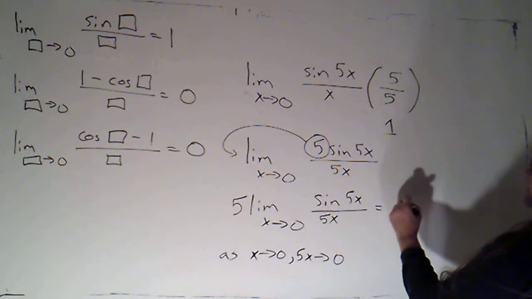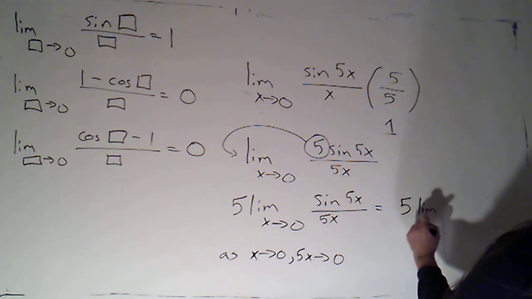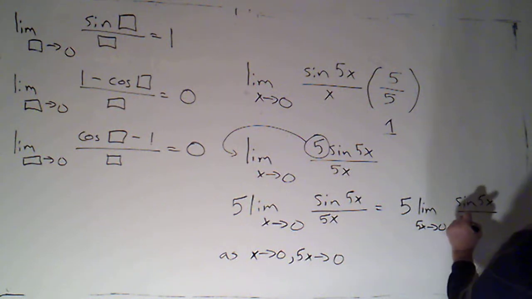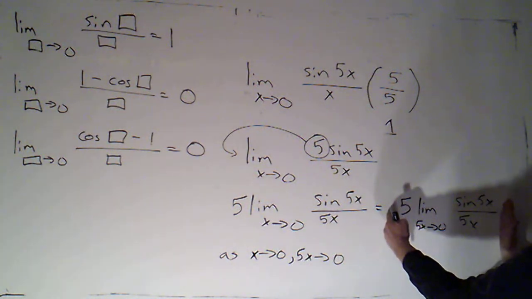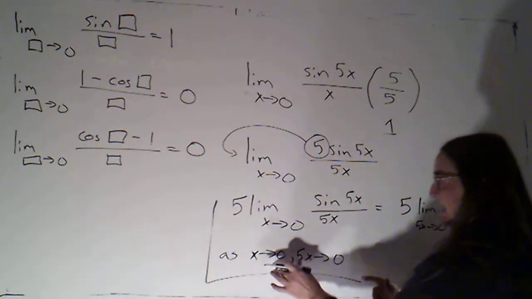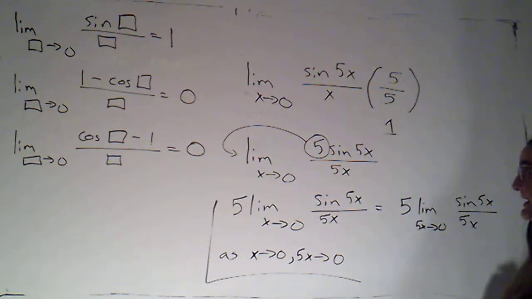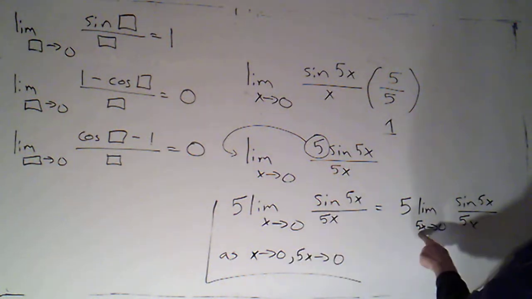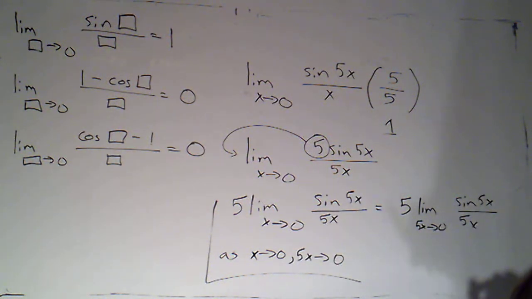I'd also be fine if you rewrote this as the limit as 5x goes to 0 of sine 5x over 5x. This would be fine, including that statement. But I need to be able to see 1, 2, 3 places where I've got 5x.